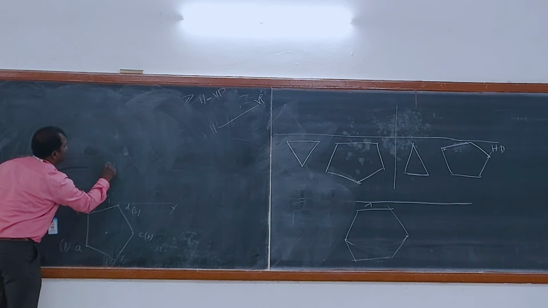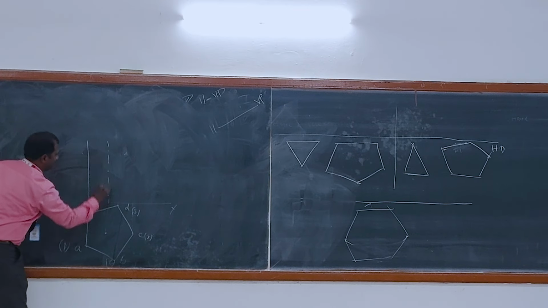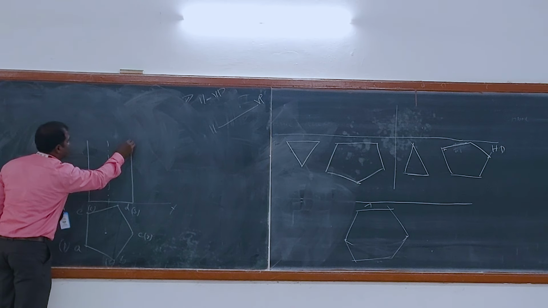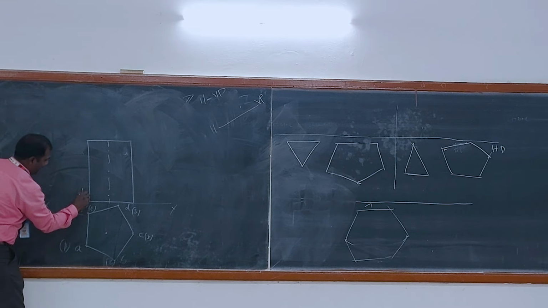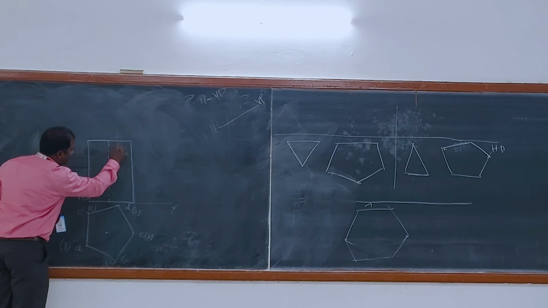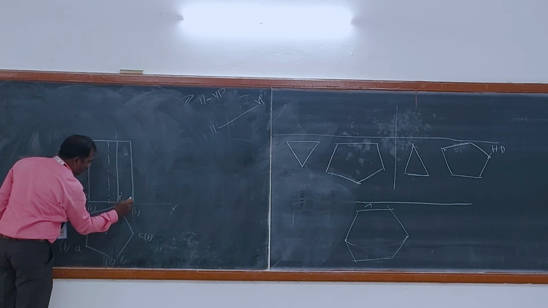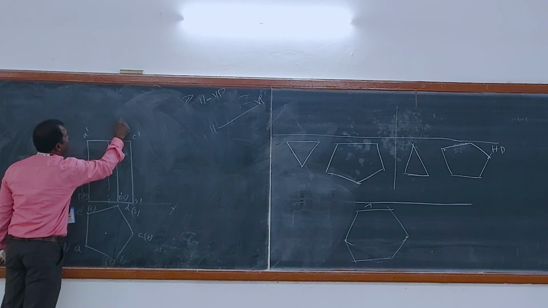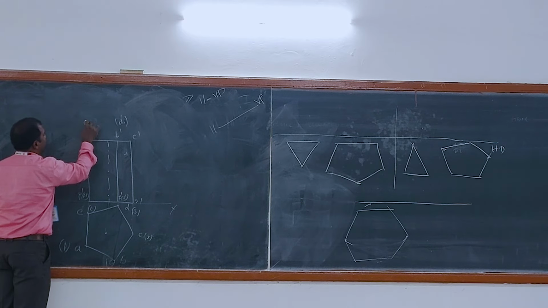What is the height? This is P dash, T dash, Q dash, S dash, R dash, A dash, B dash, C dash, D dash, and E dash.